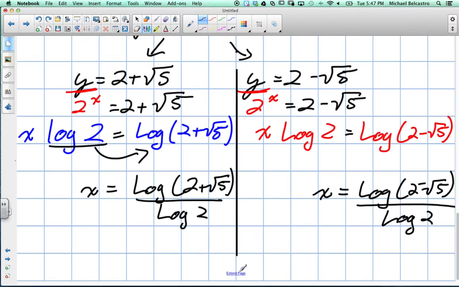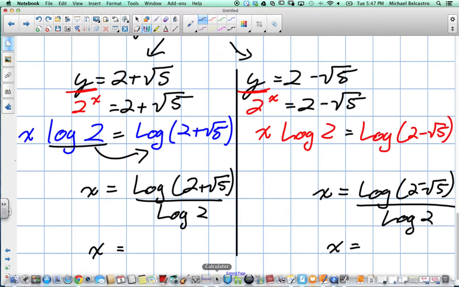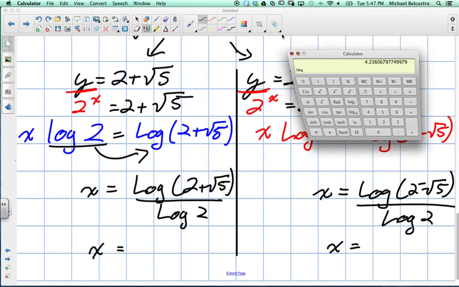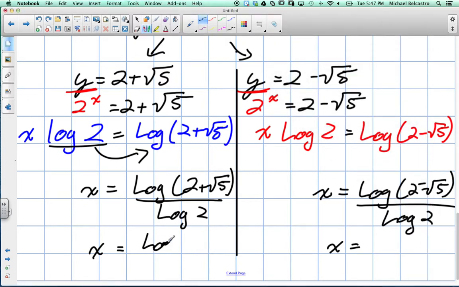Yeah. And then from here, it's essentially a calculator to give us our values, right? First off, we have to find out what root 5 plus 2 is, 4.23 we'll say. So we're looking at log 4.23 over log 2.